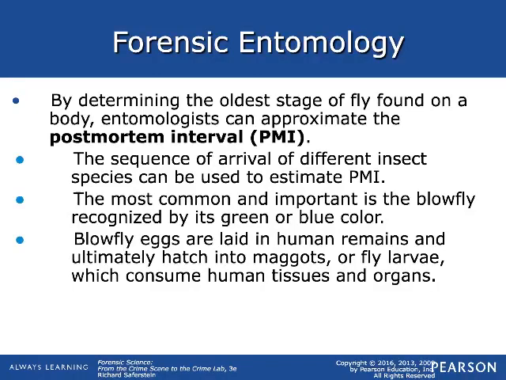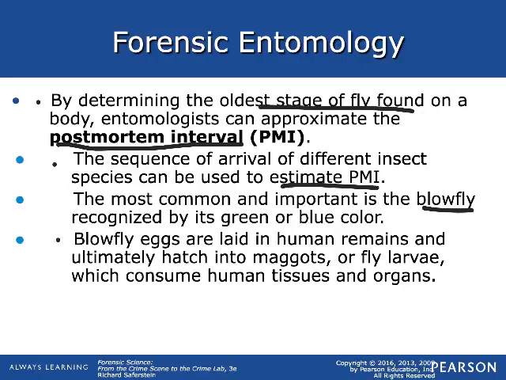Okay, so by determining the oldest stage of a fly found on the body, entomologists determine this thing called a post-mortem interval. The sequence of arrival of different insect species can be used to estimate PMI. One of the most common insects is a blowfly, and blowflies are this greenish blue color.